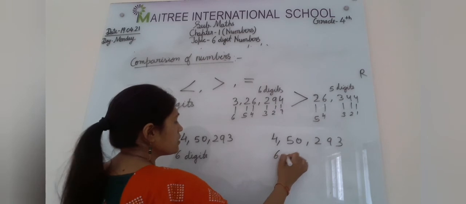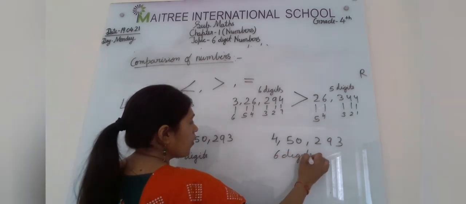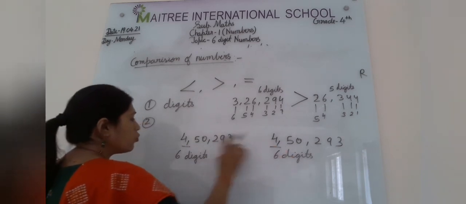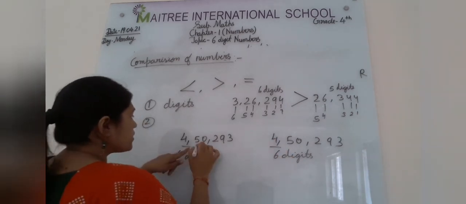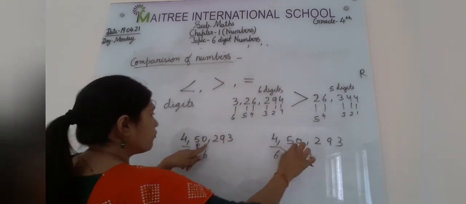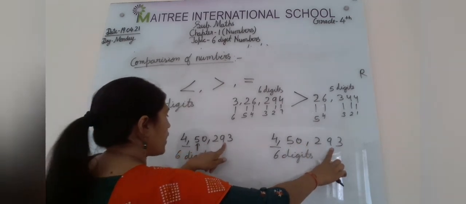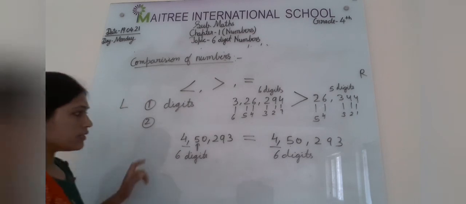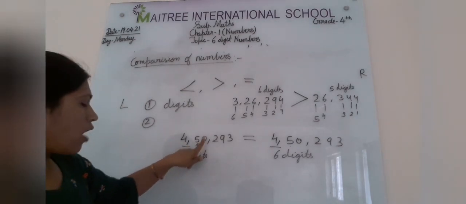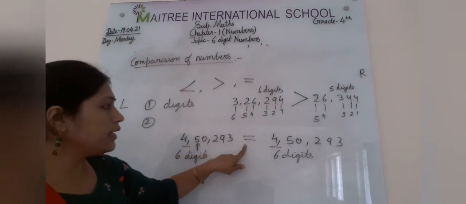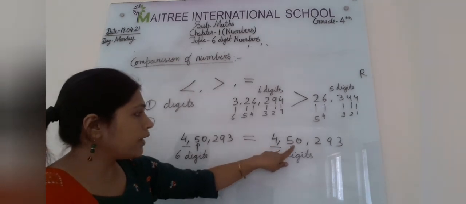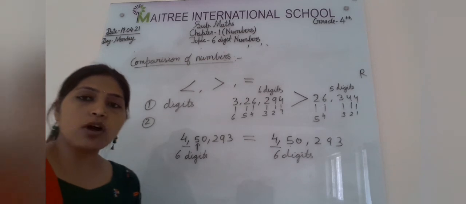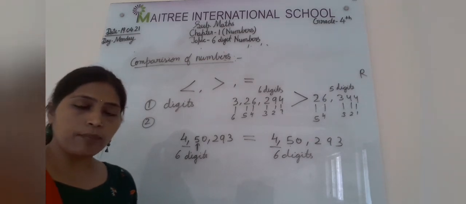Here also 6 digits. Now the digits are the same, then compare the leftmost. 4, 4. Next number is also 5, 5, 0, 0, 2, 2, 9, 9, 3, 3. Means both numbers are equal. So we can say 4,50,293 is equal to 4,50,293. Clear? How to compare the numbers, how to read the numbers?